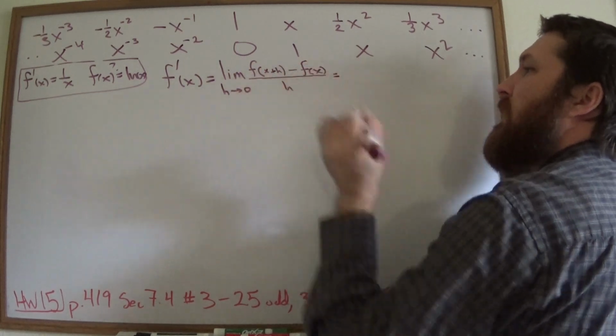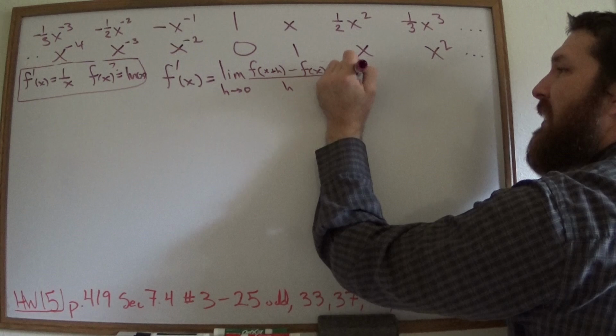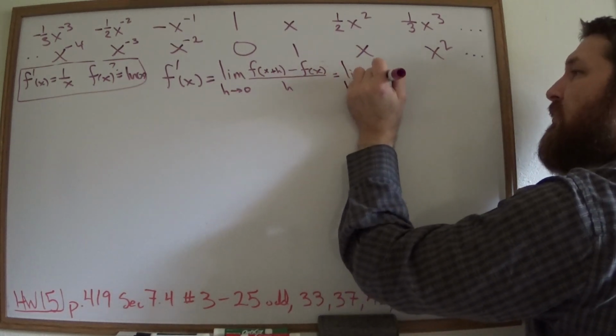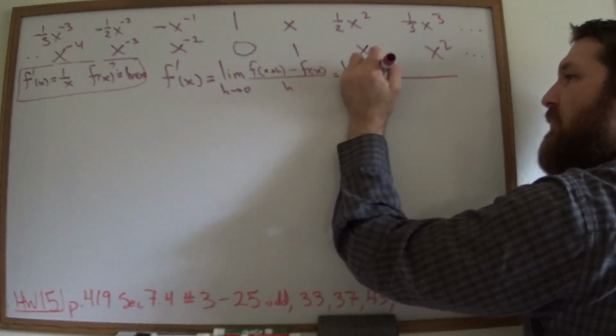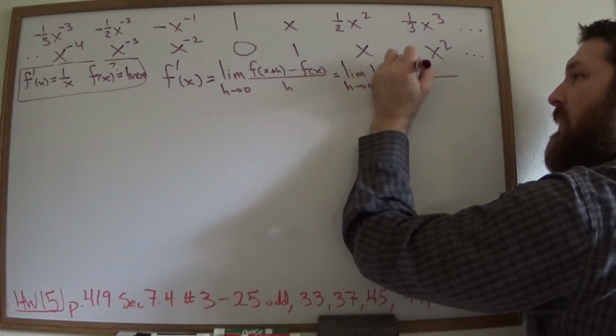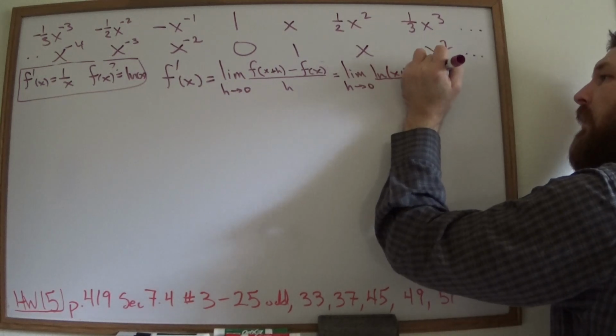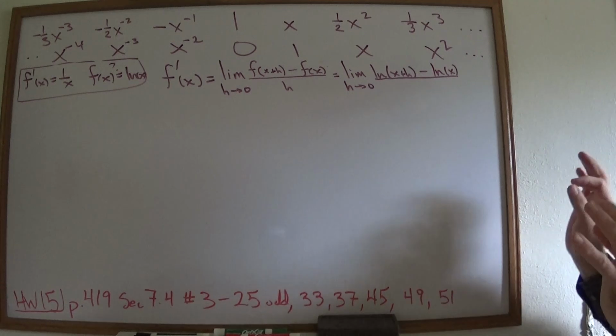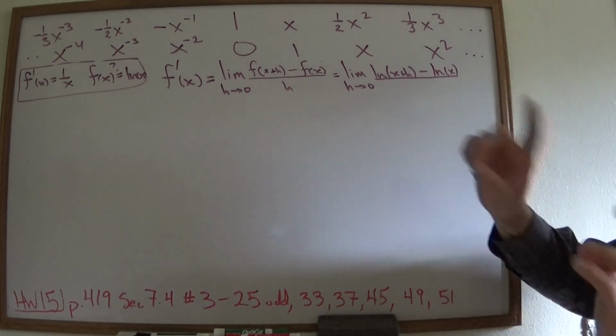Now I'm going to rewrite this with the actual value of the f that I'm thinking of: natural log of x plus h minus natural log of x, over h.